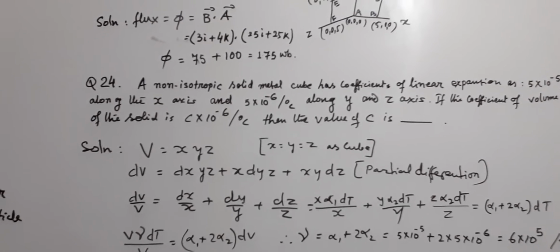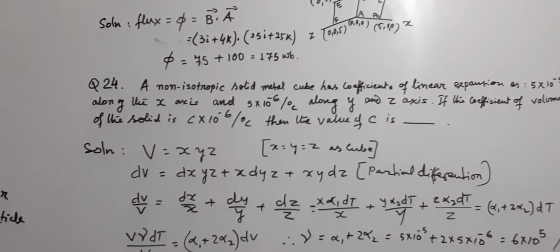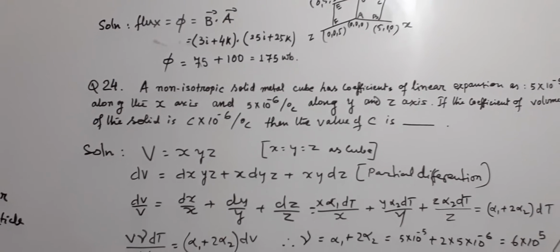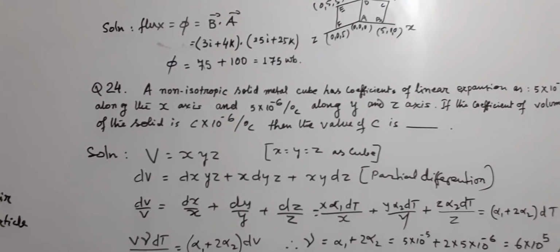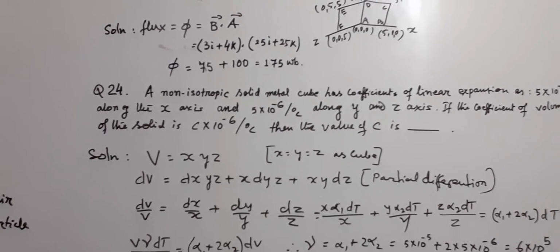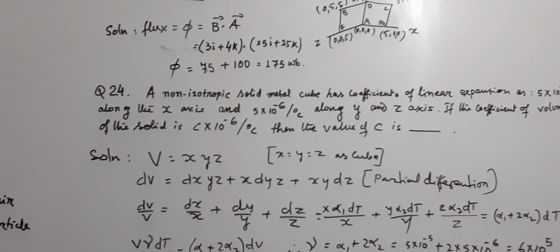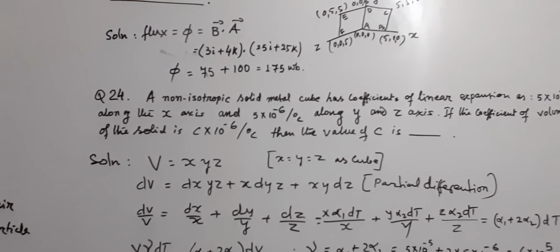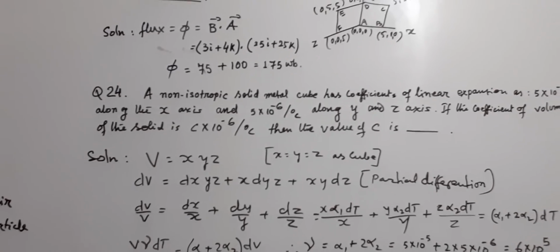Now we know dV can be replaced by the original volume times the coefficient of volume expansion times the temperature change, divided by V.